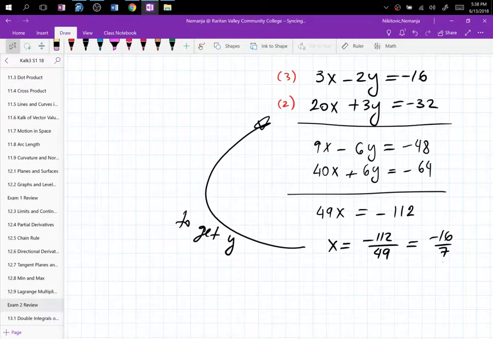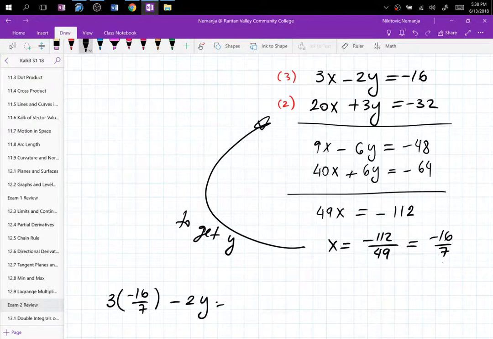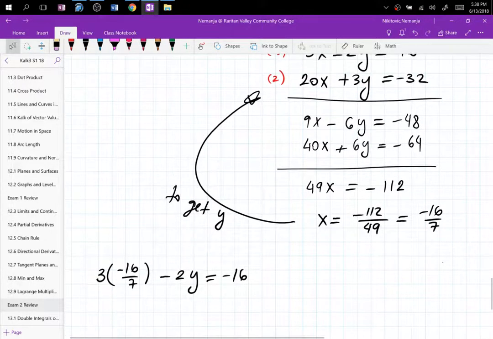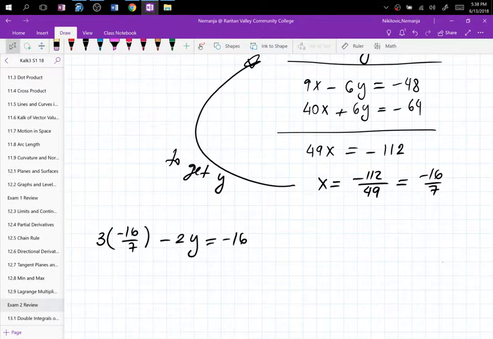So I have 3 times negative 16 over 7 minus 2y is equal to negative 16. And that is going to calculate. So what I have is negative 48 over 7.